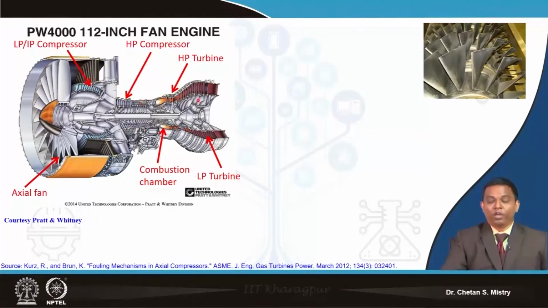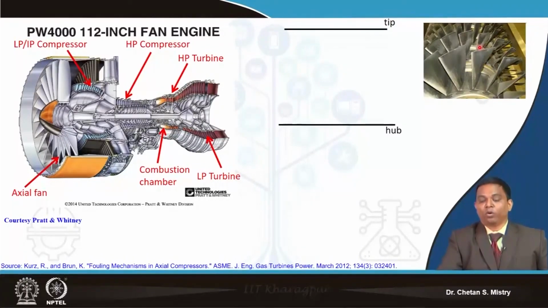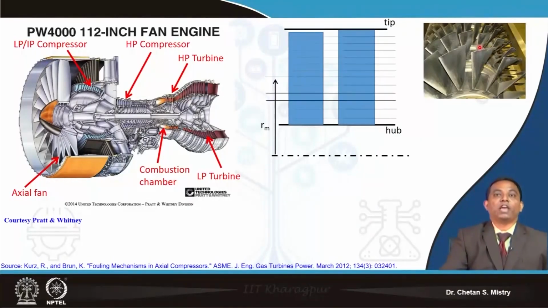Now if you look carefully, this represents one of the cut sections. We have two blades arranged in one rotor. Now if I consider I have my rotor and stator, at a particular station, say my mid station, if I cut my blade, it will have an aerofoil shape.